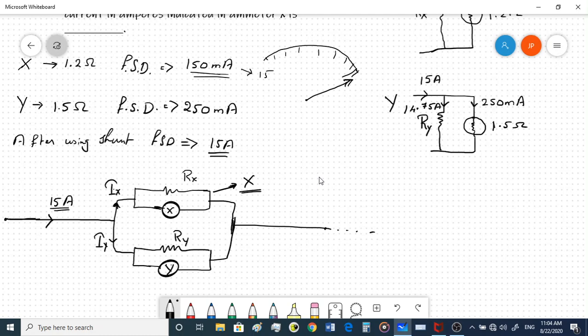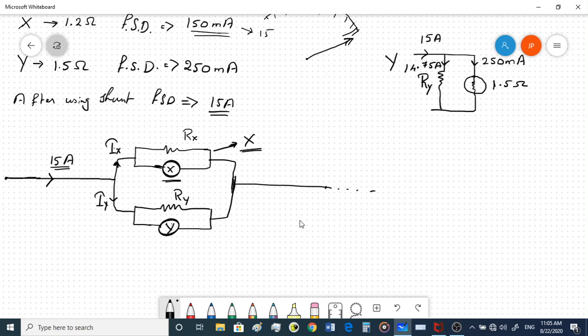So whatever current passes through these two, the combination of Rx and X, will be read by this meter X, which should be definitely less than 15 amperes, because that is a full scale deflection of X. But in the circuit you can see the maximum current that is coming itself is 15 amperes. Some part is going to go into the Y meter, so therefore the rest of the current will only pass through X meter, right?